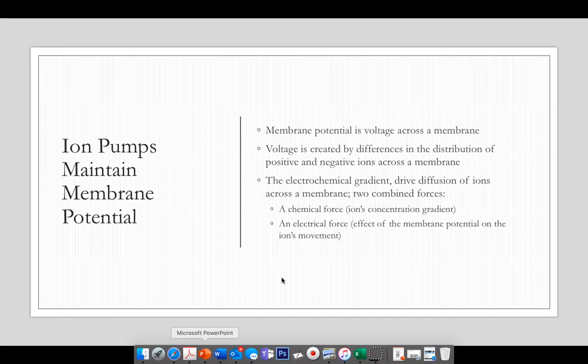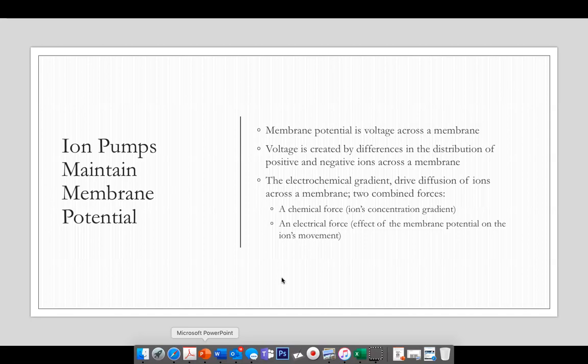So how are those ions going to be able to cross that membrane? You have the electrical force, which is the movement of the ions across the membrane, in combination with the chemical force, which is the concentration of ions on either side of that membrane. So you're looking at, well, how many cations do I have versus anions on both sides, and how do they move across that membrane? That creates what's known as an electrochemical gradient.